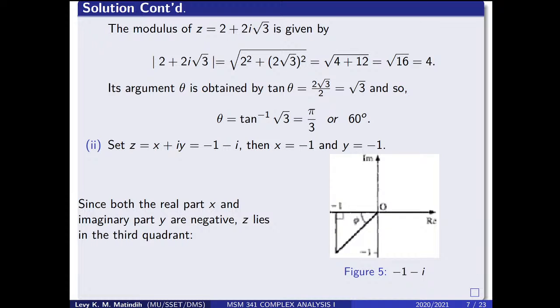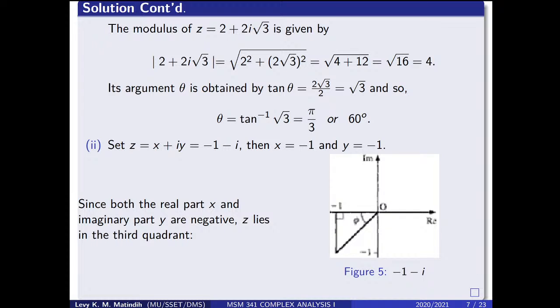The modulus is the square root of the square of the real part plus the square of the imaginary part. You don't include the imaginary number i when you're squaring. Don't square the imaginary number, but square the imaginary part of the given complex number.